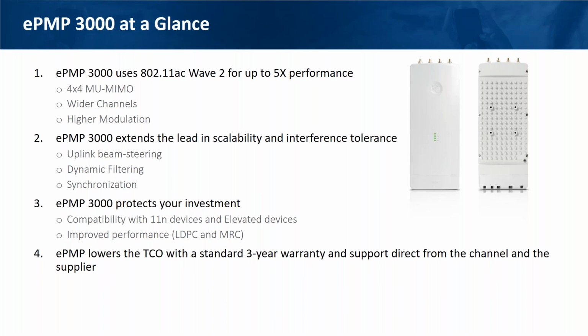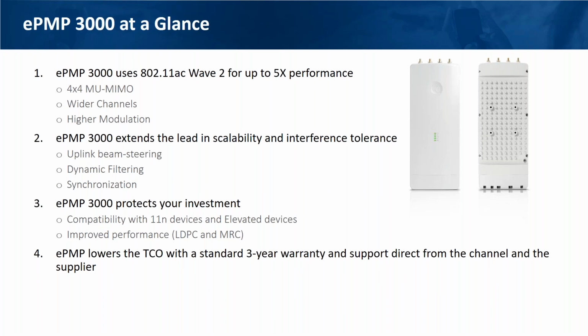So being able to do 40, 60, 80, even more than 100 subscribers on a single sector is certainly feasible, and we see examples of that every day, talked about in our community and when we talk with customers. So the 3000 brings along all of that performance and history as we have a 3rd generation product here.